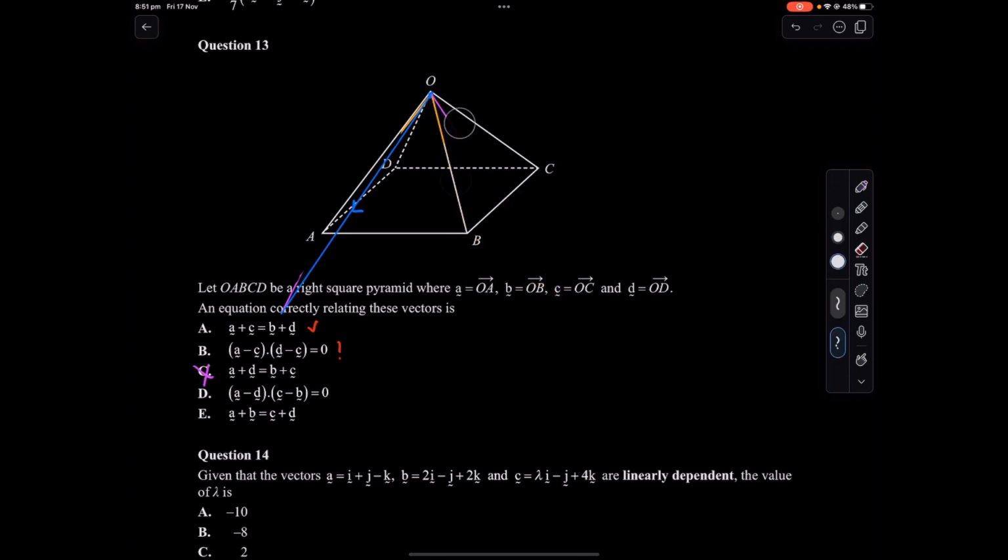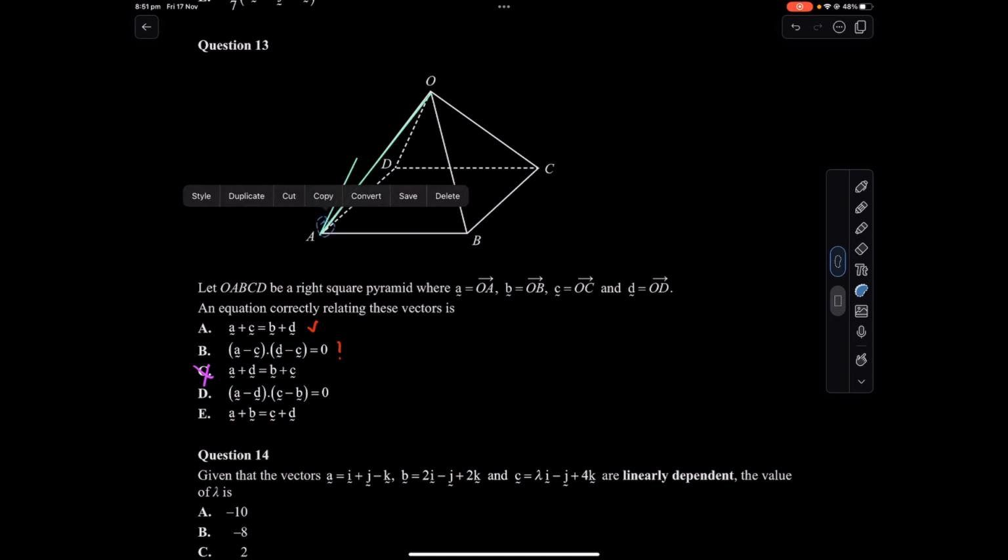I know for a fact in an exam you would just pick A, but I want to make sure to show you how you do these questions. So A minus D. A is this vector minus D. D is that, over here. For example, A minus D, you put it over here, but because it's minus, it's going to go over here. So it will result in a vector like this.